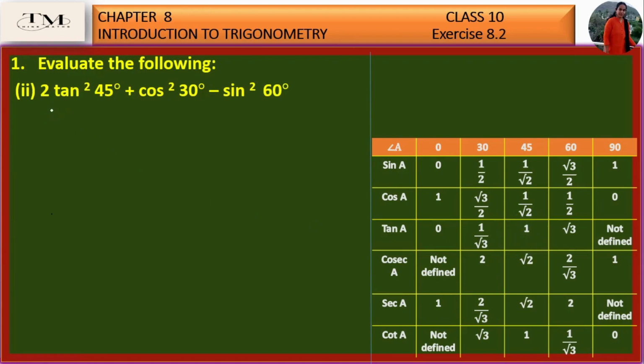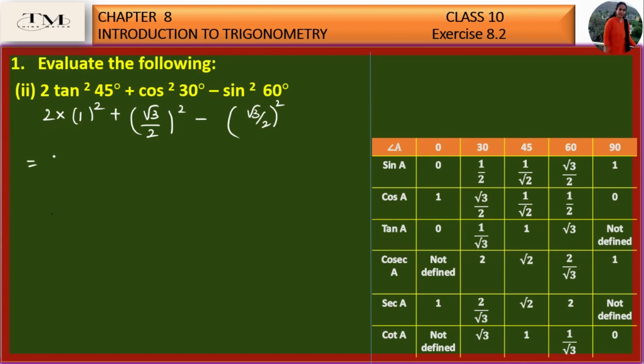So 2 into 1 square plus what is cos 30? Cos 30 is root 3 by 2. So root 3 by 2 whole square minus sine 60. So sine 60 is root 3 by 2. So root 3 by 2 whole square.